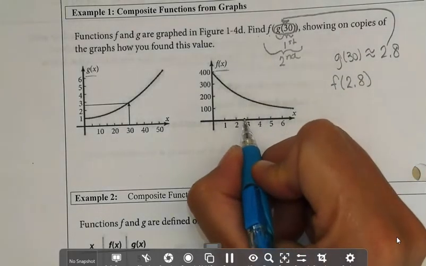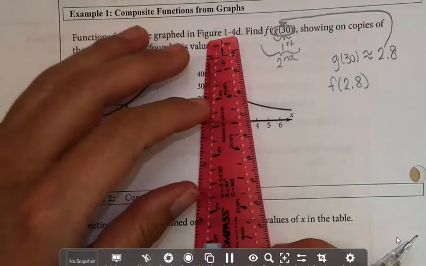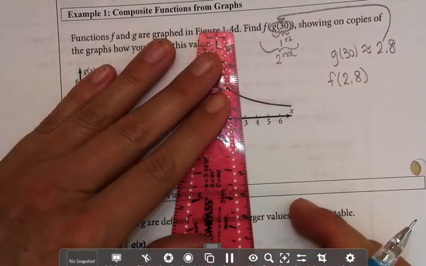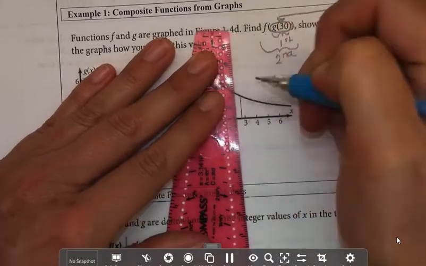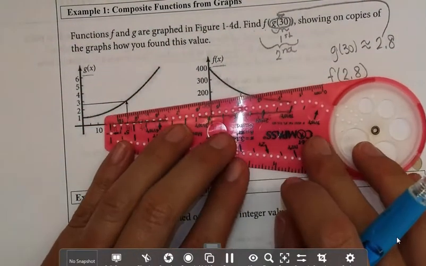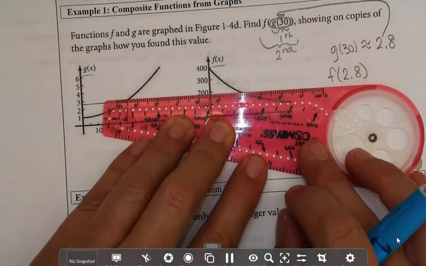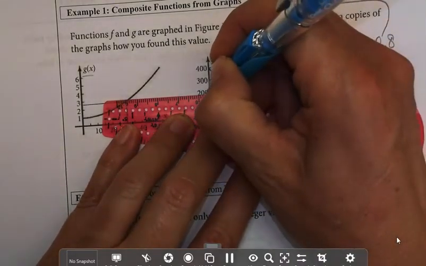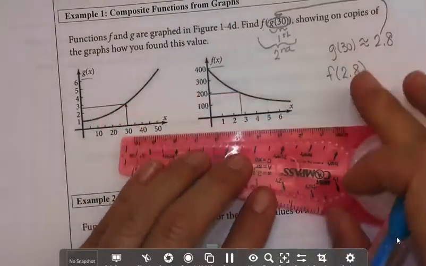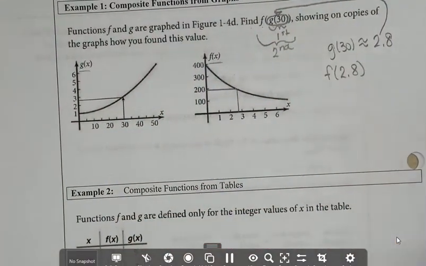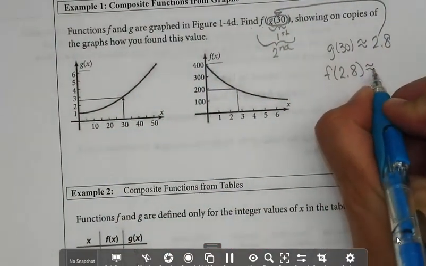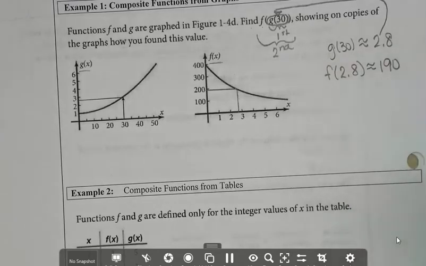If I think about 2.8, maybe that's here. Draw myself an arrow up. And then draw myself a line back over here. So I'm going to get super close to 200, but it's probably a little less than 200, so I'm going to say approximately 190.